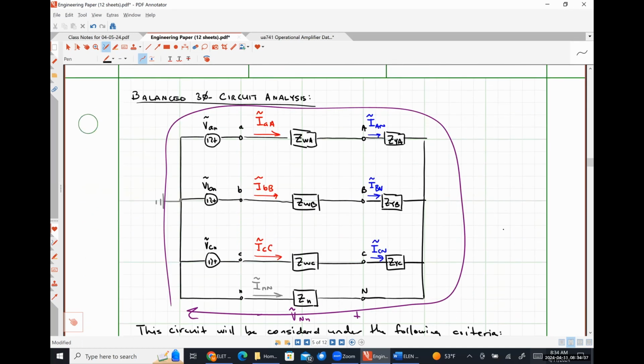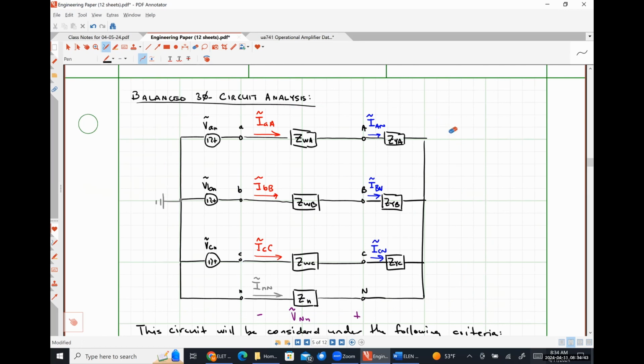Let's look at this diagram, right? So I have already drawn the phase currents through my load, okay? The phase currents through my load are equal to my line currents because this is a Y-connected system. So that means the phase currents through my load are equal in magnitude, separated in phase by exactly 120 degrees.